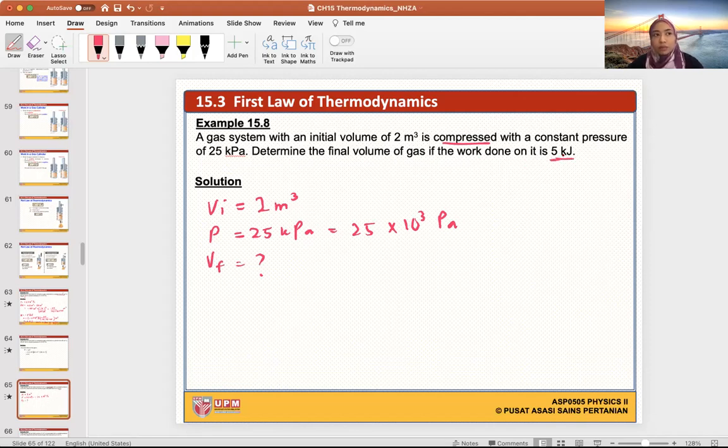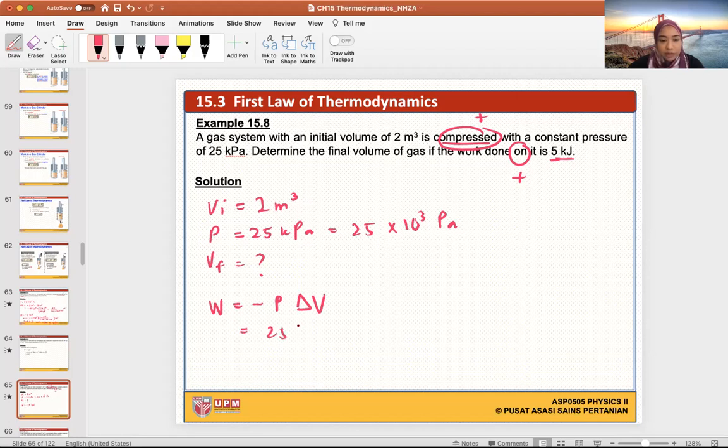Usually they will say work done is 5, work done is 3, and so on. They don't tell you whether it's positive or negative, so you have to look at it. They say work done on, so that should be positive, and the word compress should also mean positive work done. Okay, so now we go with our equation. W equals minus PΔV.